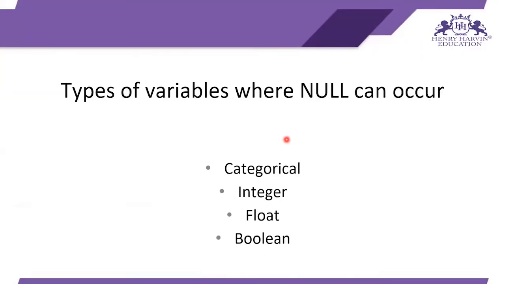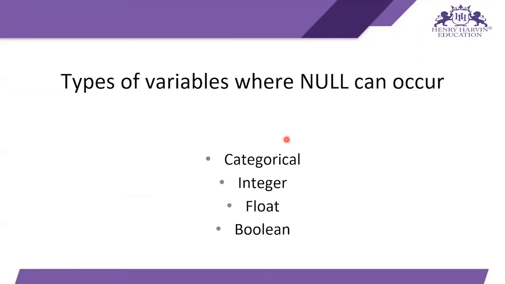Next come the types of variables where null can occur. If your dataset has a column with gender given, male or female, and in some rows the gender doesn't come, then we can say that in this categorical column we have some null values.